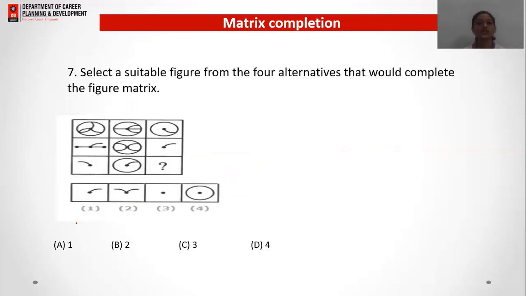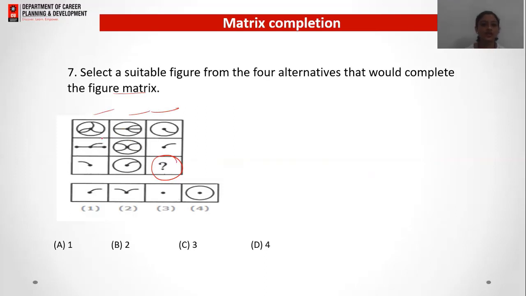Now, the last concept is of matrix completion. In question number 7, select a suitable figure from the 4 alternatives that would complete the figure matrix. 3 rows and 3 columns. Figures are given and one missing figure is there, and we have to find out that missing figure using any pattern.